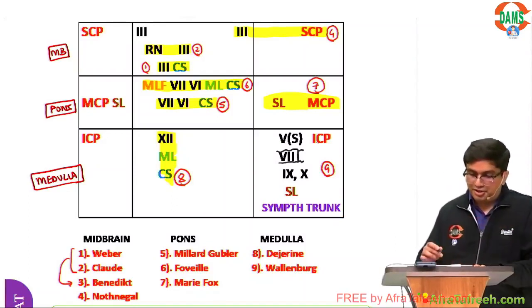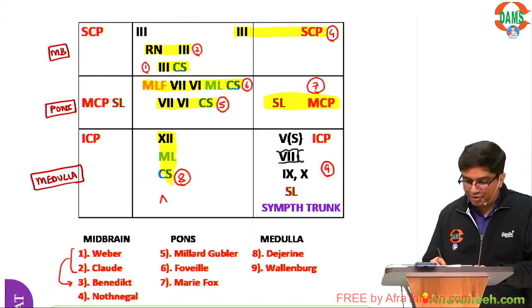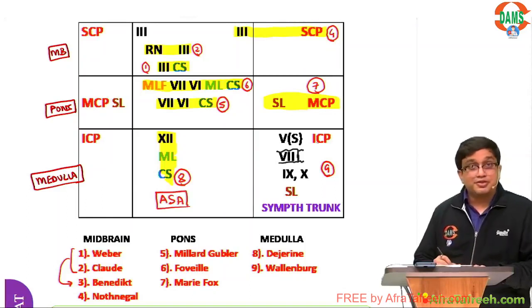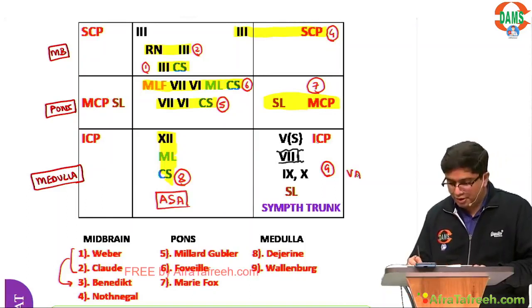The medial medullary syndrome happens due to the involvement of the ASA, the anterior spinal artery. The lateral medullary syndrome more often due to the involvement of the vertebral than the PICA.